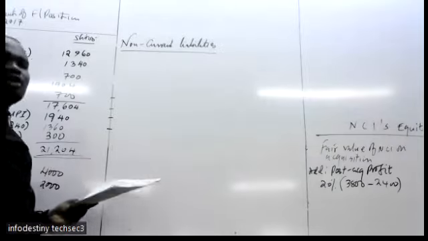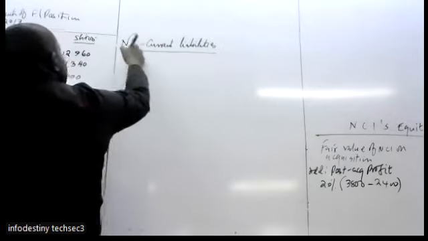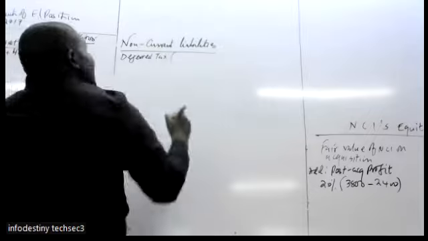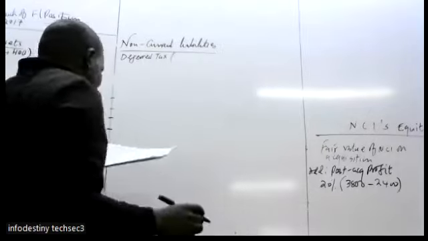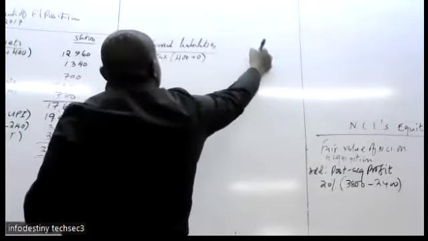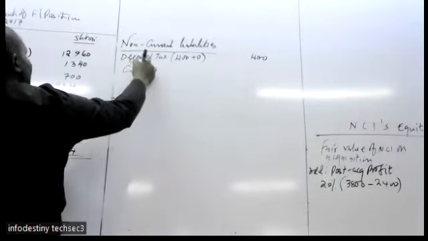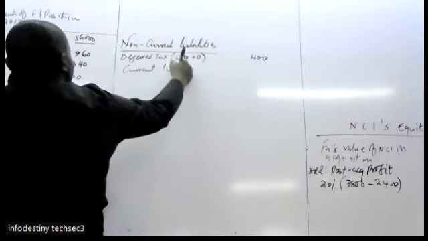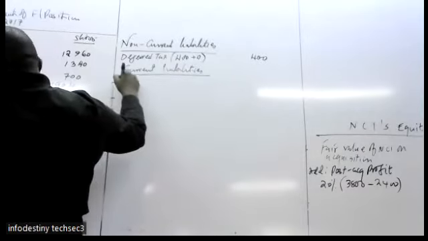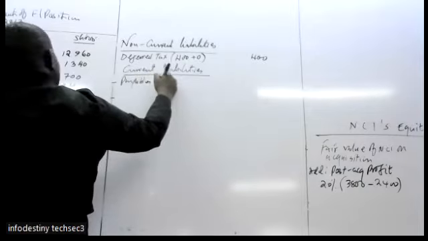What do we have? Deferred tax. Deferred tax, please just add. What are we adding? 400 plus 0. That is 400. Current liabilities. What do we have? Payables.